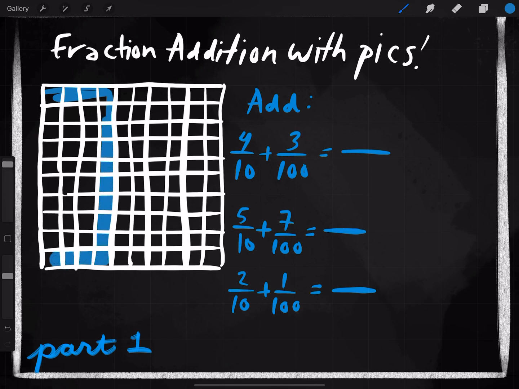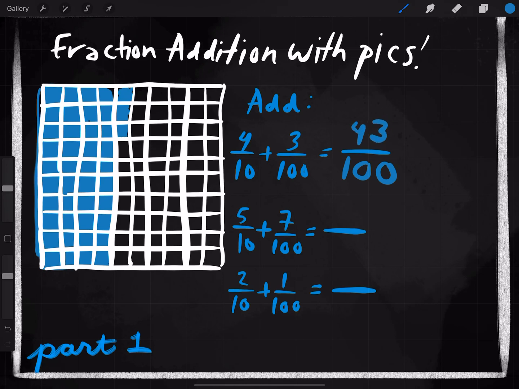There we go. 4/10ths plus 3 100ths. So I'll color in 3 of these squares. So now, when I add them, I'm going to write my answer in hundredths. So these are 4 times 10, it's 40, plus 3 more, 43 100ths.